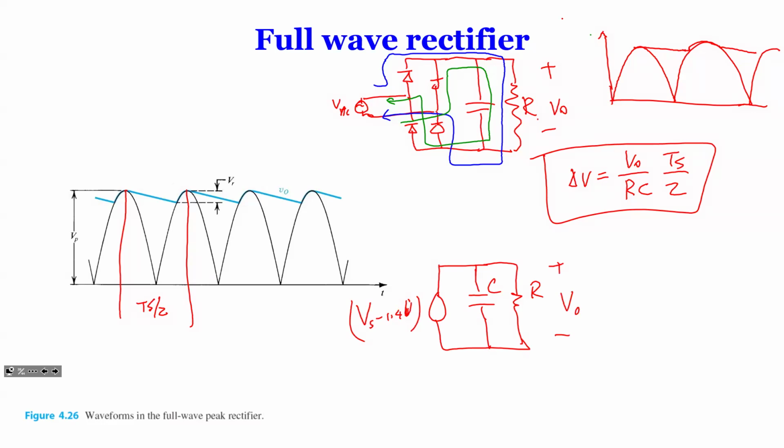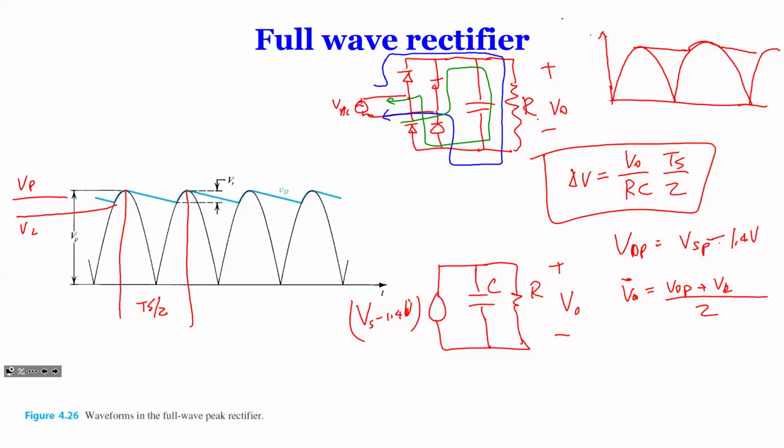So VO apparently, the peak of VO is equal to Vs peak minus 1.4 volt, but VO average is going to be VO peak plus the lowest value, which is this point over here. So this is peak, this is VL, plus VL divided by 2.